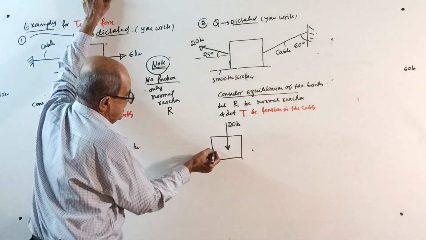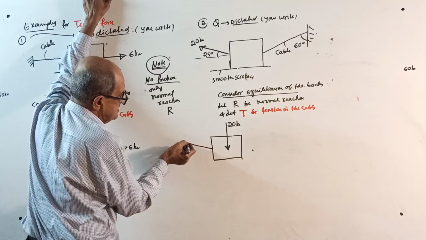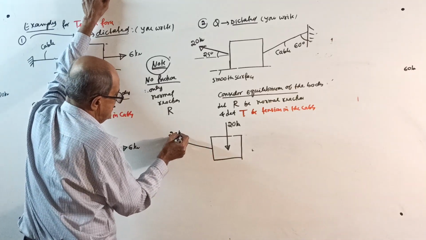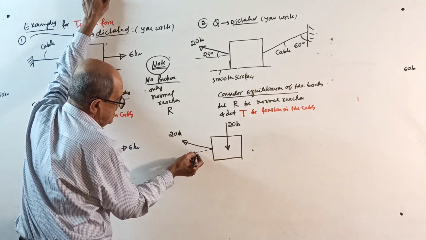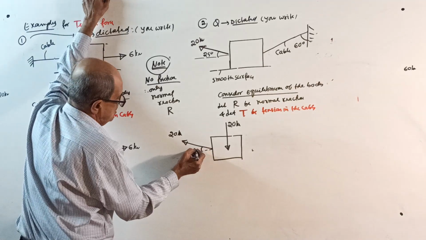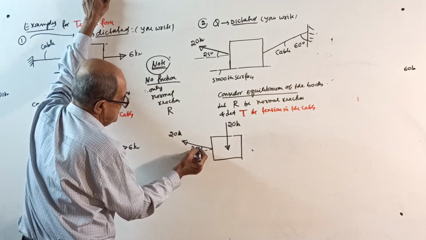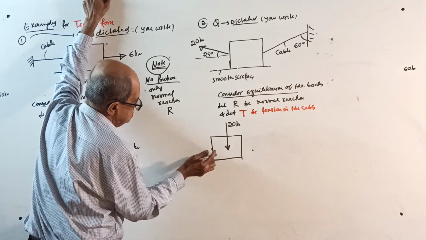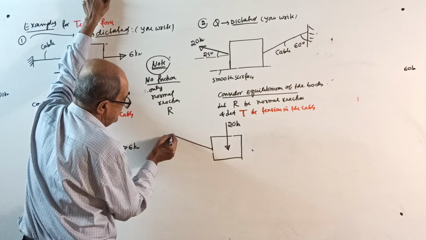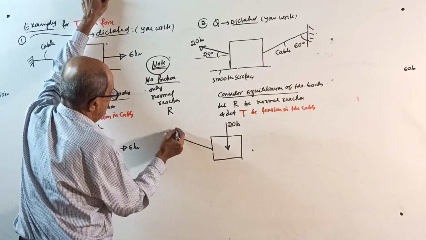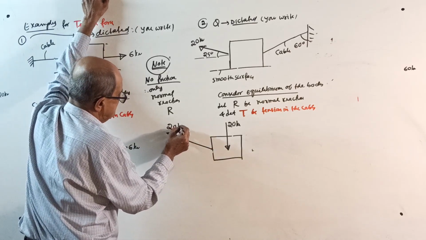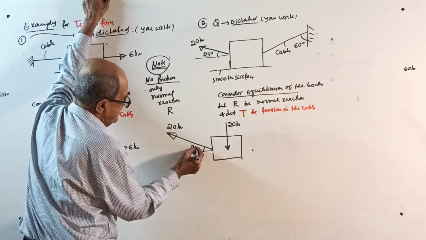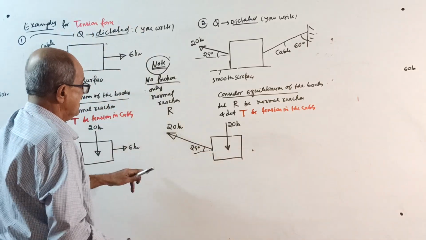Here, one inclined force of 20 kilonewton, with horizontal it is making an angle of 25 degrees. Okay, a little bigger right here so that I can show it clearly. Then these are the actions.